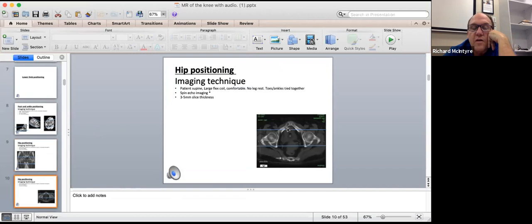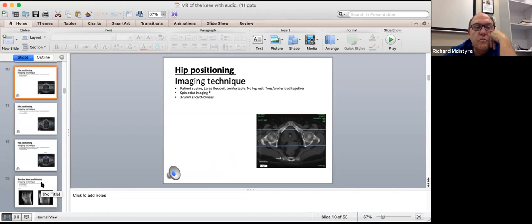Coronals, we go from in front to behind the hip joint, and we make sure we get the insertion on the greater trochanter. And of course, sagittal, we cover the hip joint as well. Notice the positioning of the sagittal.